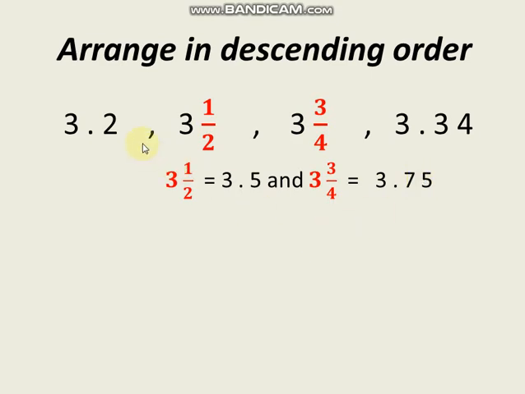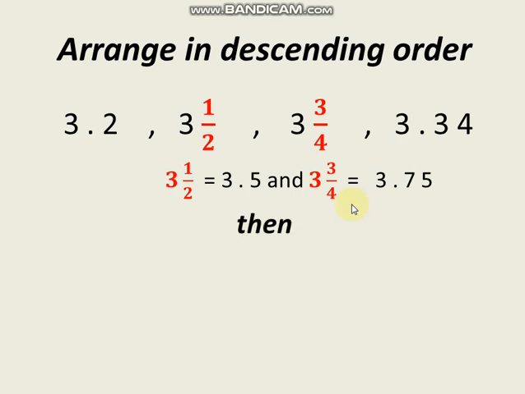Let's arrange these numbers in descending order. At first, we have 3 in the whole number in all of them, so it equals the same. But in the decimal part we have 2, 5, 7, and 3 here. So 3.75 is the greatest one.